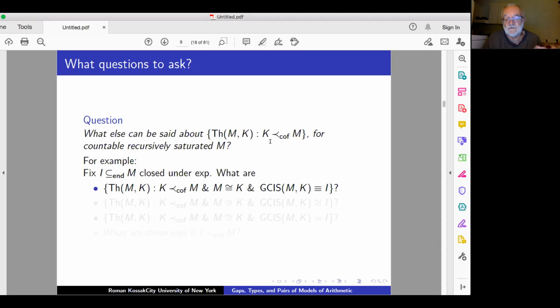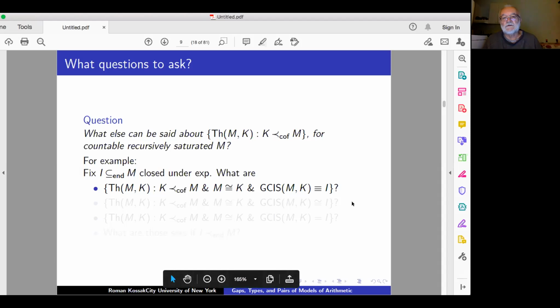Here I talk about the cofinal case, because that was the original thing I wanted to talk about. You start with a recursively saturated model, and Smoryński's results show that you can get this great diversity because you can vary the I for the greatest common initial segment, and you get continuum many theories. So what happens if you somehow prevent that?